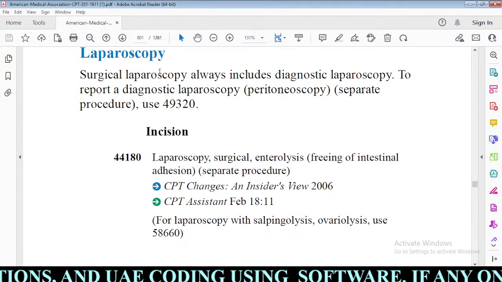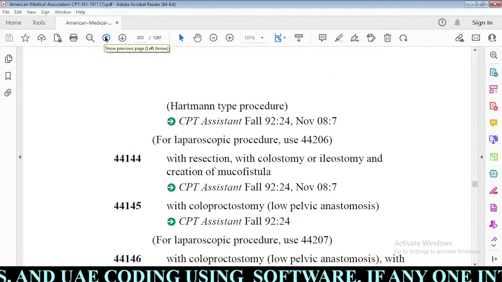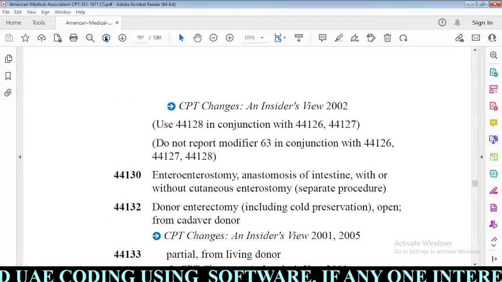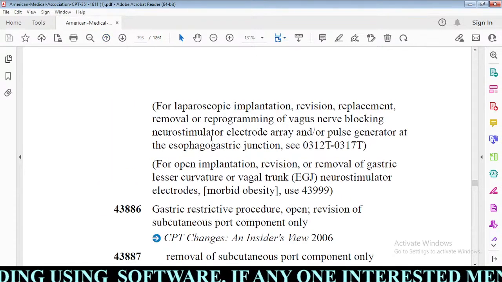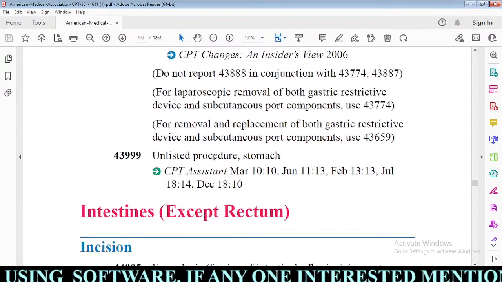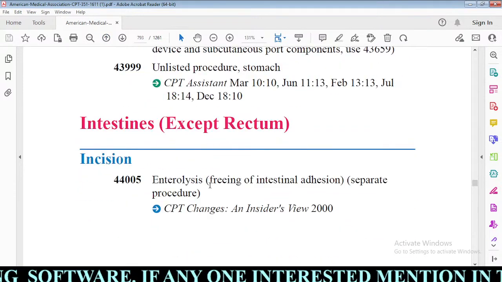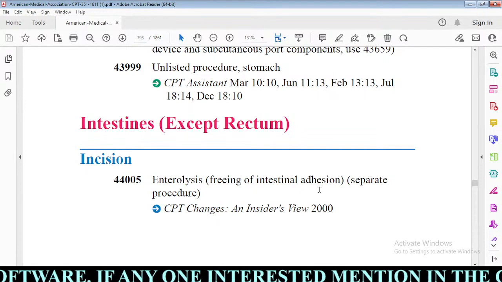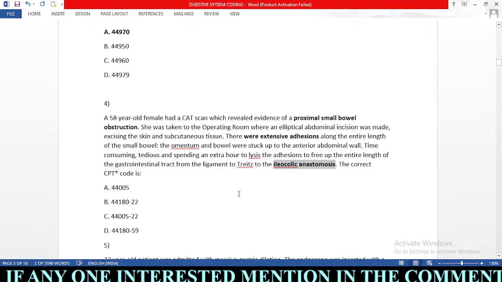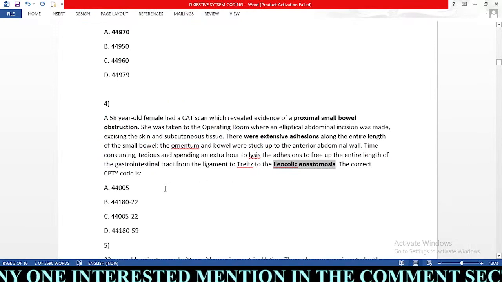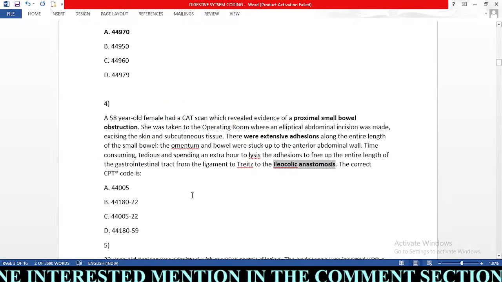44005. So we will go up. What is 44005? Enterolysis, freeing up intestinal adhesion, separate procedure. So enterolysis means lysis of adhesion.